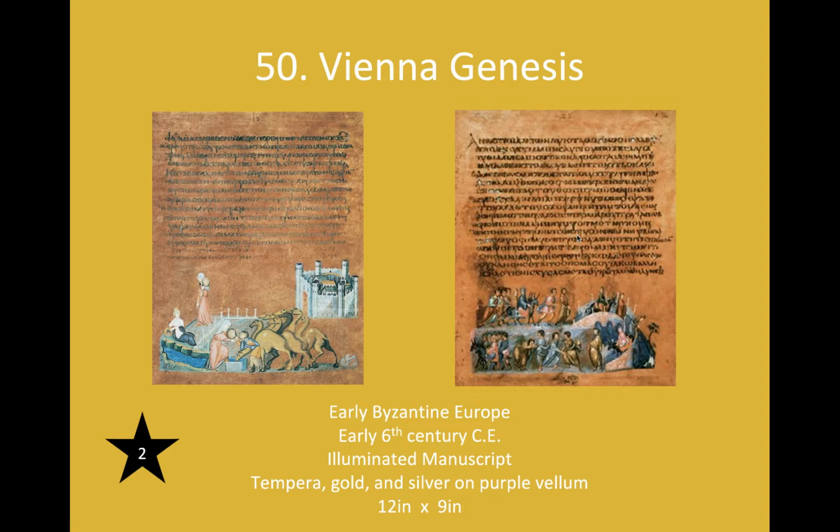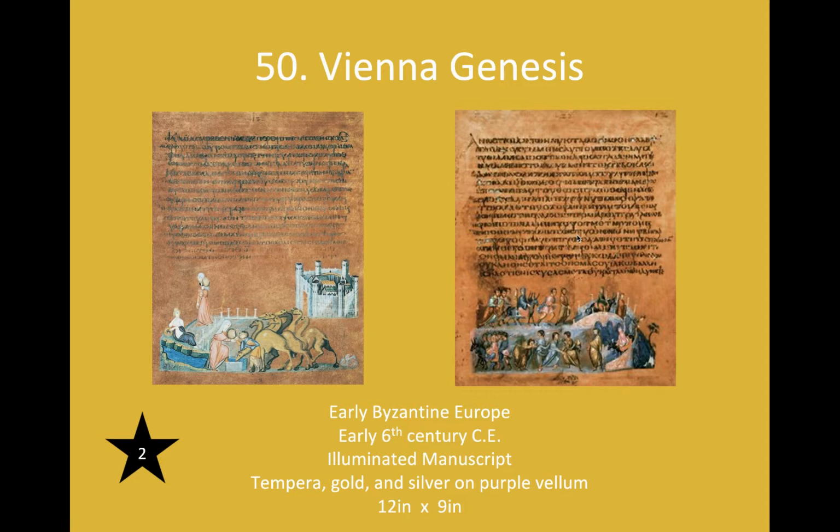And it would have required specific skills. And multiple people with specific skills would have been needed: people to make the paper, and people to do the writing, and then people to do the illustrations, and then people to do the binding. It's a huge undertaking. And so it would have been incredibly expensive.